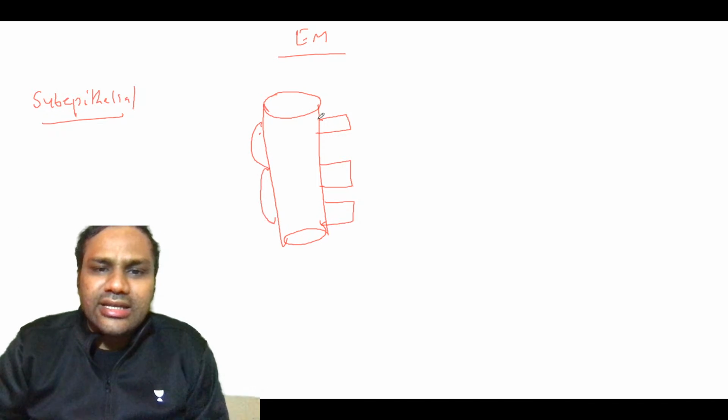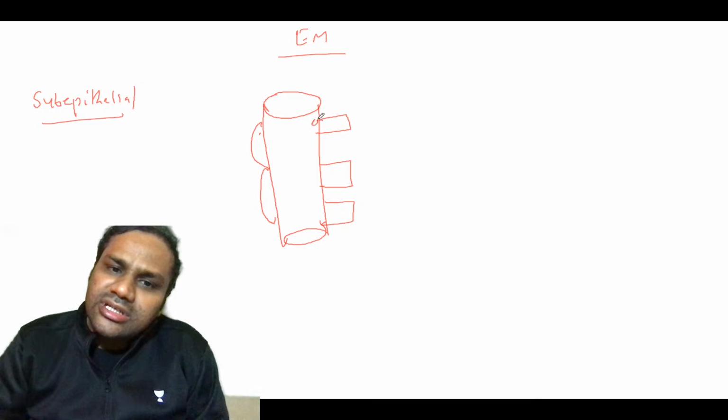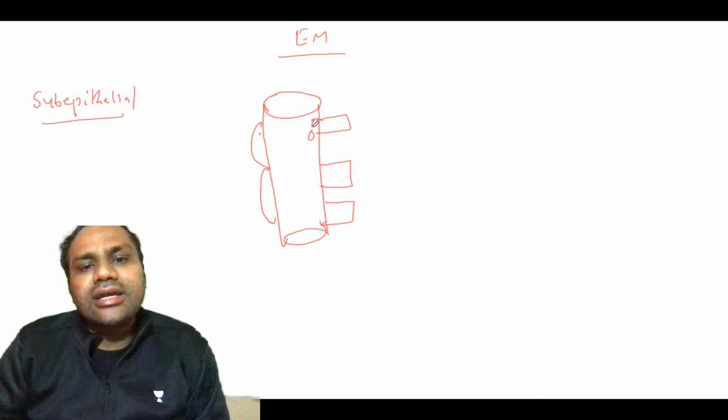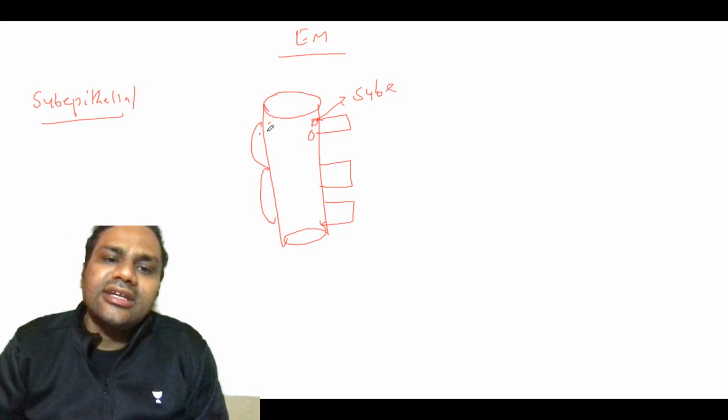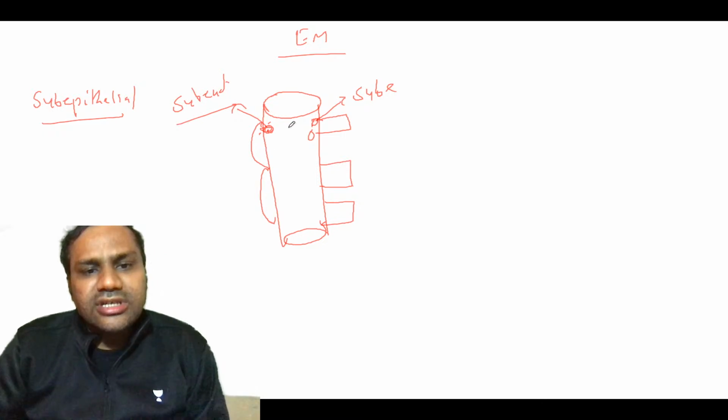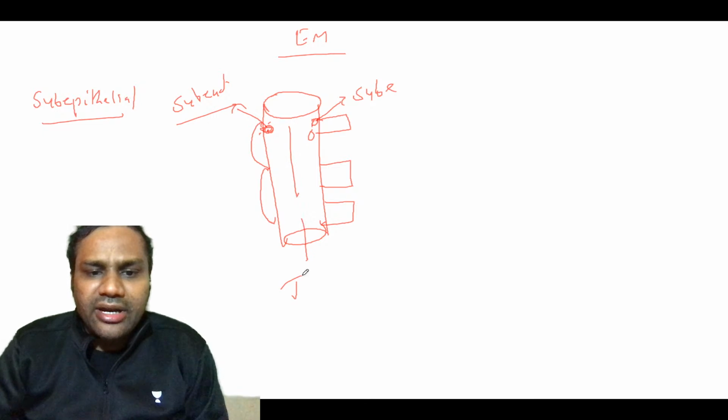Anything depositing towards the podocytes, below this line, is called subepithelial deposits. Anything depositing towards the endothelial side is subendothelial deposit. Depositing inside the membrane is intramembranous deposit.